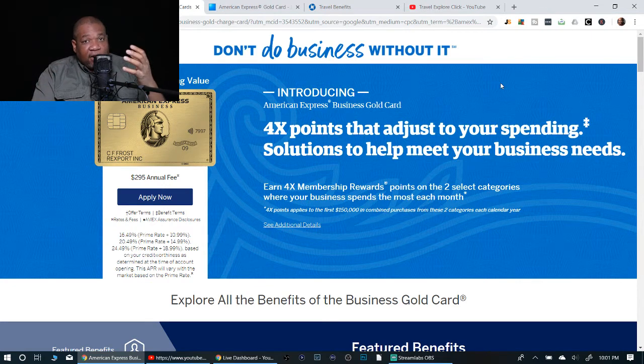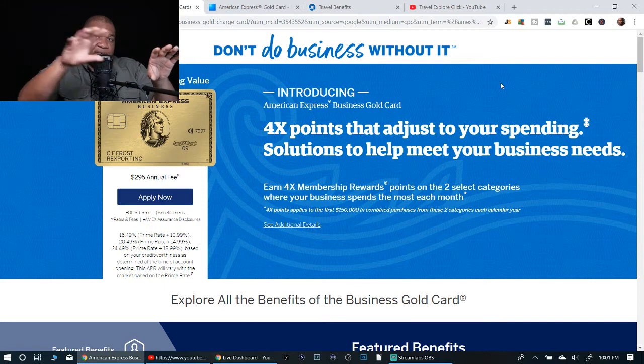So I'd like to have a card that's more versatile, that I can use for business and personal. So if I have a personal card, I can use it. Oh, okay, I need to buy some advertisement. I can use a personal card for that, and just make sure that I know I'm using it for business purposes when I do my taxes, but I don't have to use it.